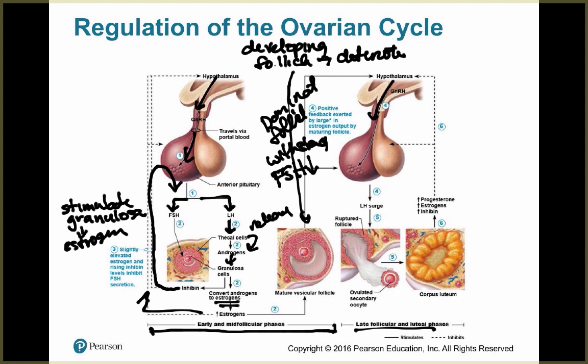Estrogen levels at this point are going to continue to go up, which the mature or dominant follicle will keep releasing. And when they get to a critical high value, a positive feedback will happen.